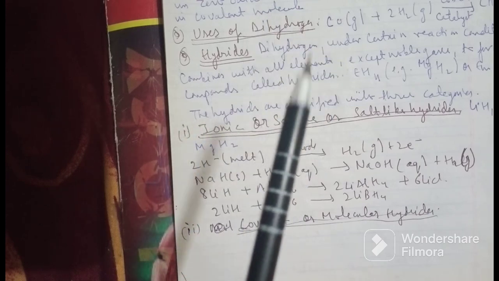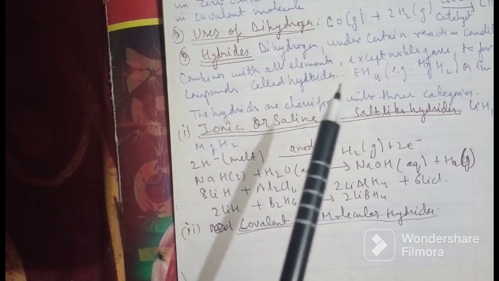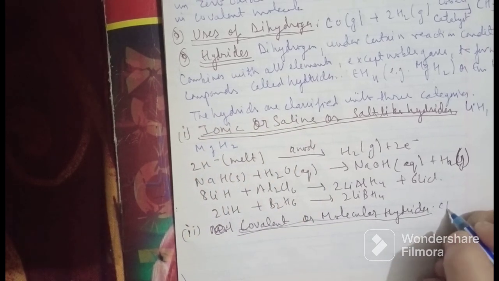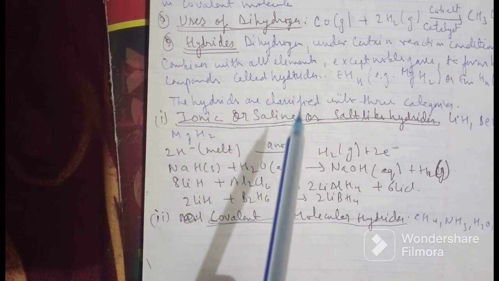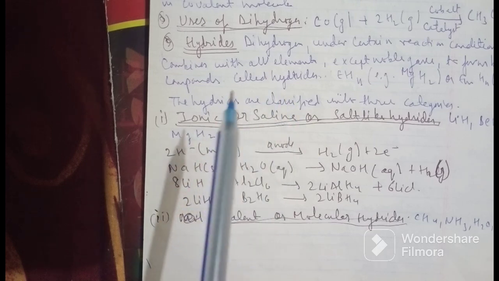The covalent or molecular hydrides are where dihydrogen forms molecular compounds with most of the p-block elements. The most familiar ones are CH4, NH3, H2O, and HF. For convenience, the hydrogen compounds of non-metals have also been considered as hydrides for being covalent.